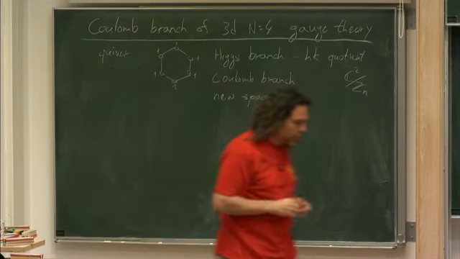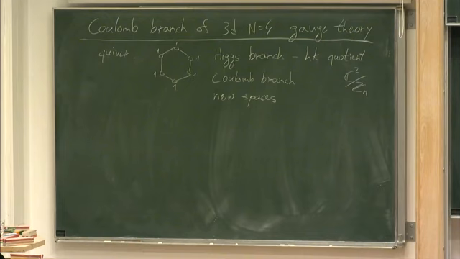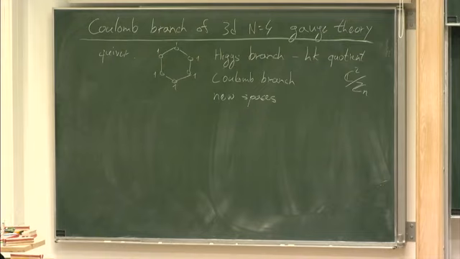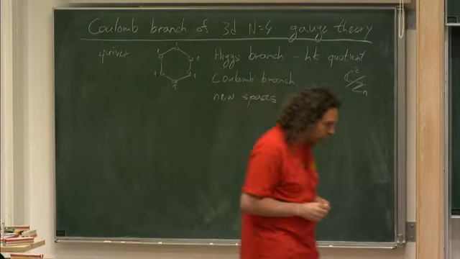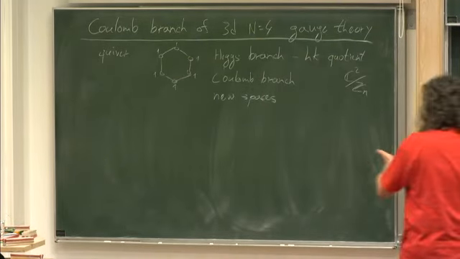So from the point of view of gauge theory, this is a gauge theory U(1) to the n with matter fields that transform according to the information which is denoted by these lines that connect the nodes. So this is a known result.